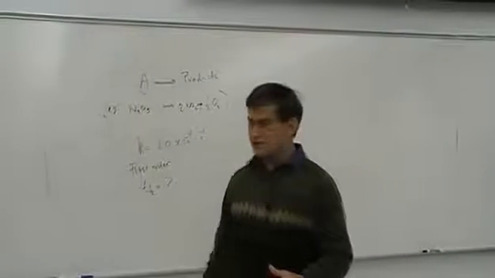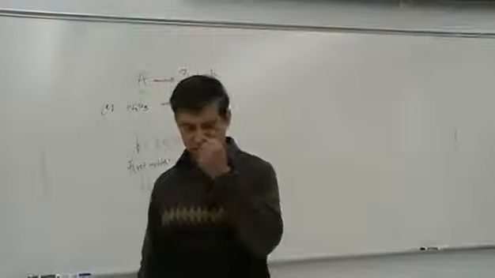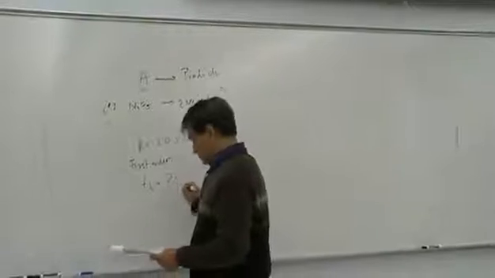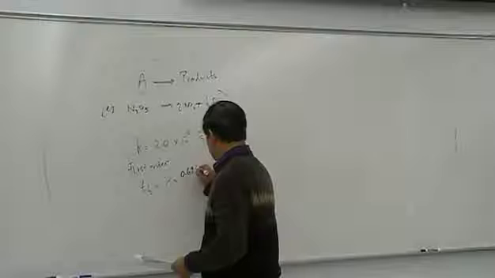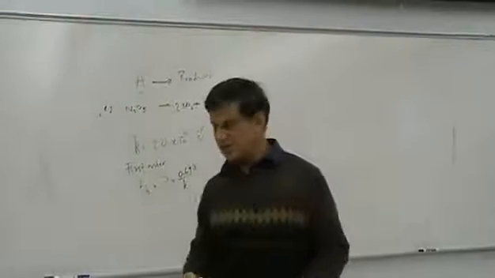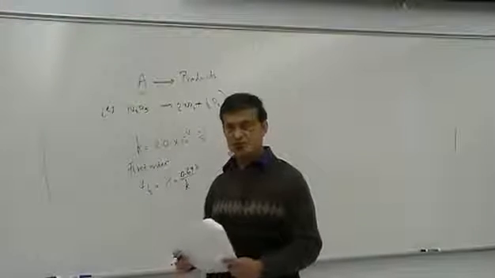Half-life is the time when the concentration of reactant reduces to 1/2 of its original value. For first order reaction, you'd find in the book there is an expression which is given by 0.693 over K. So it's pretty straightforward. For first order reaction, half-life, this is the time when the concentration becomes 1/2.